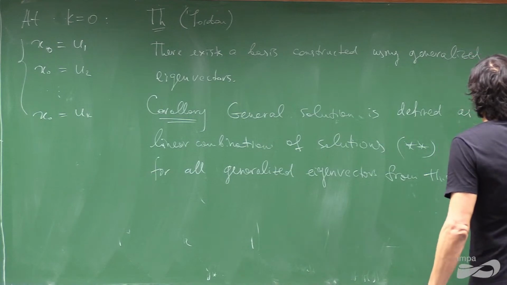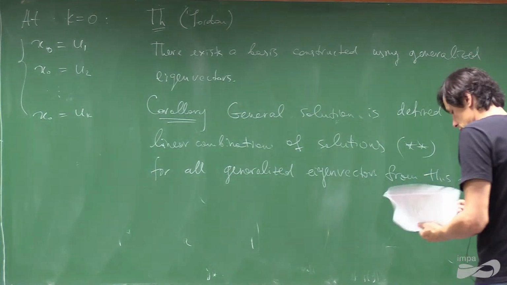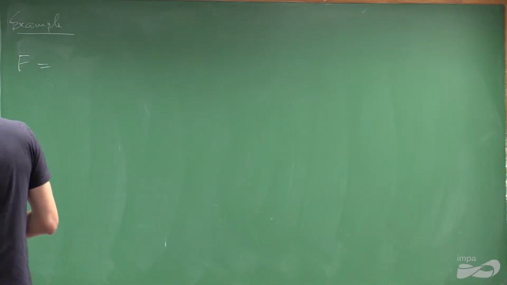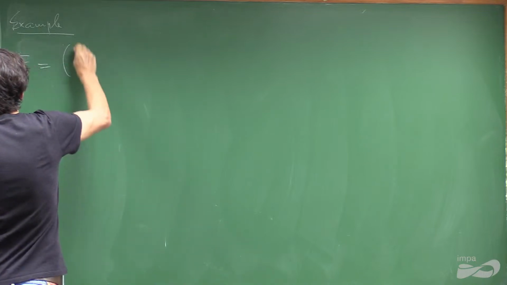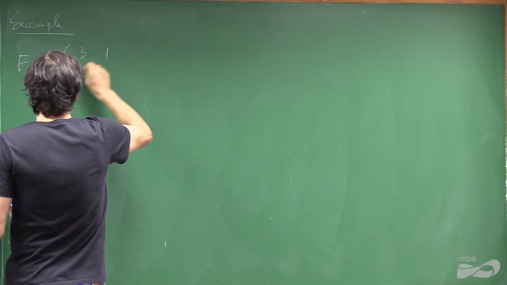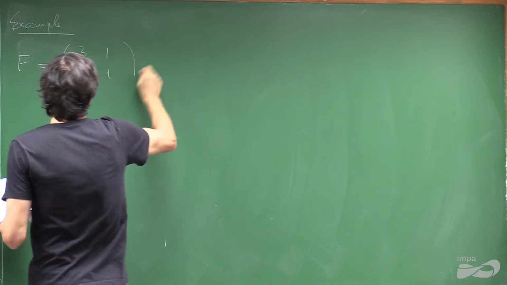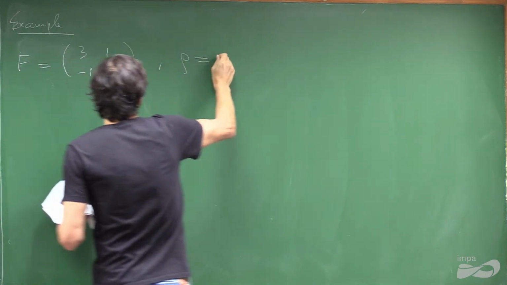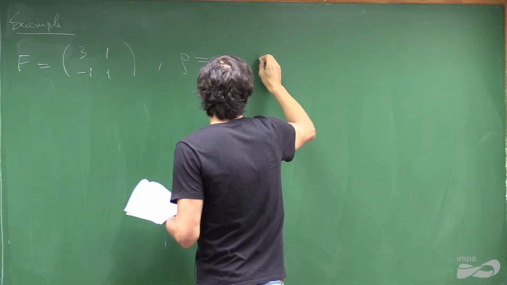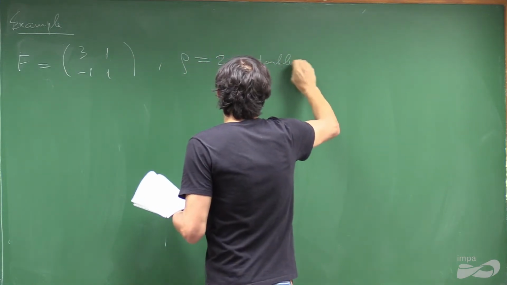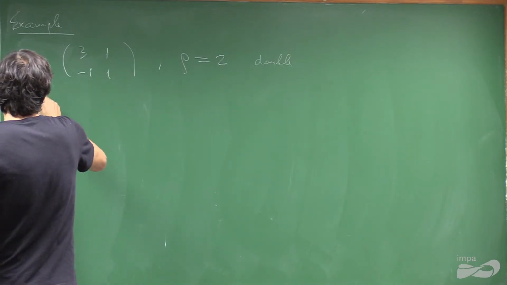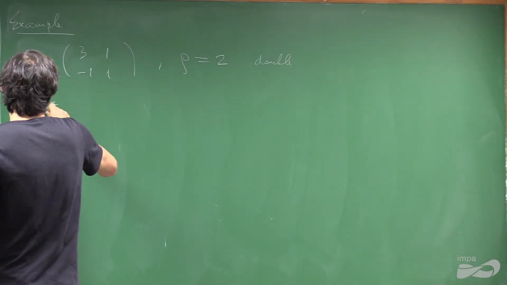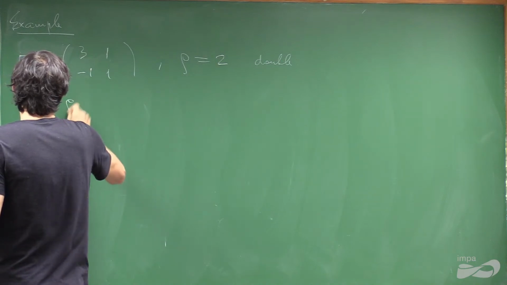So we have this matrix F, which was 3, 1, minus 1, 1. We found that the eigenvalue is 2 and it's multiple, double. Then we found that F u1 equals rho u1.